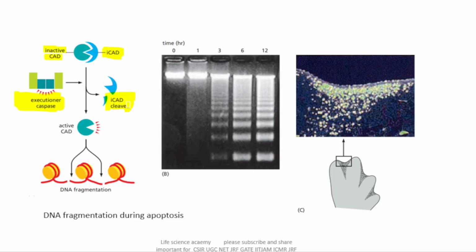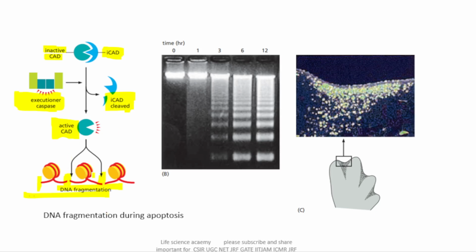When the inhibitor is cleaved out, the CAD is now active. And when the CAD is active, it fragments the DNA. So this is the fragmentation of the DNA. The molecule required to fragment the DNA is the CAD molecule.